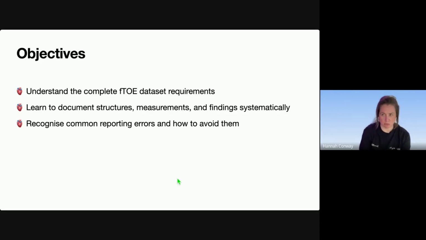Certainly when I was learning echo, I found the reporting the most difficult part of it, because you'd got through the however many scans you were doing, and then you had to sit down and go through all of that again. So if you can find a systematic way of reporting, it will certainly pay dividends going forward. And then we'll finish off with a little bit of common reporting errors.